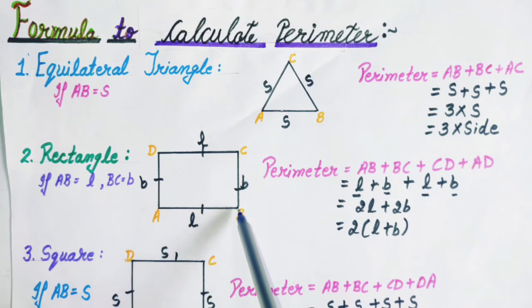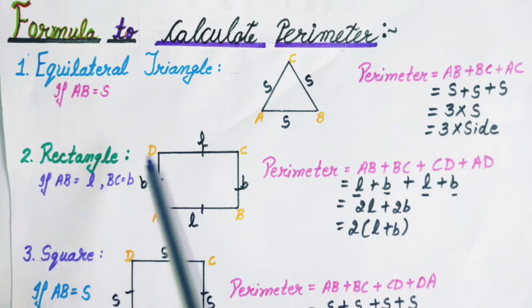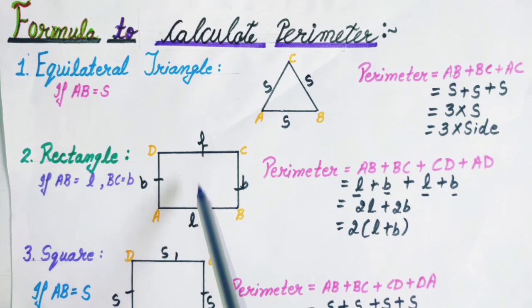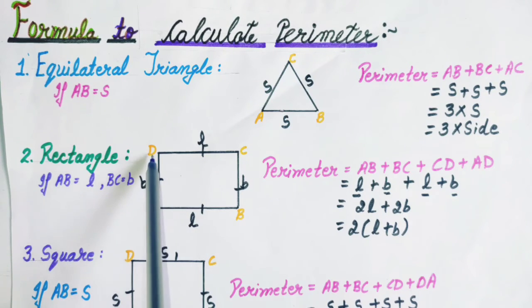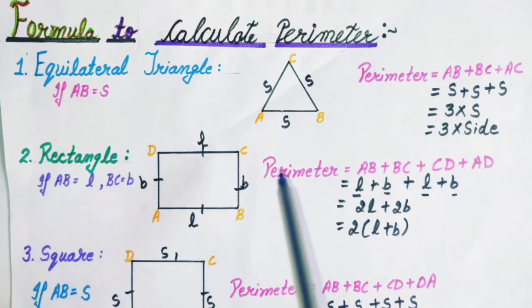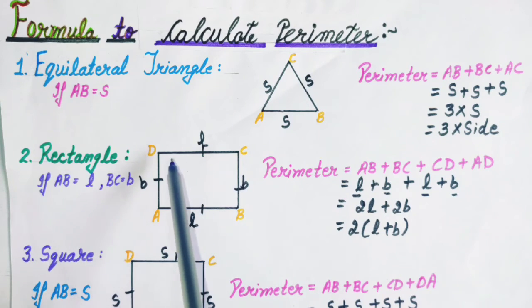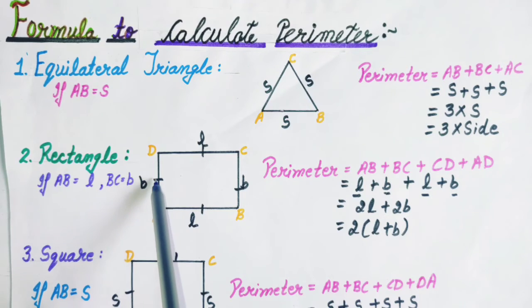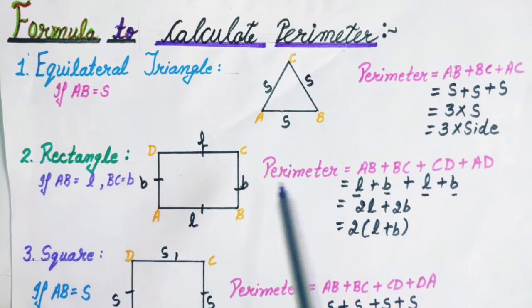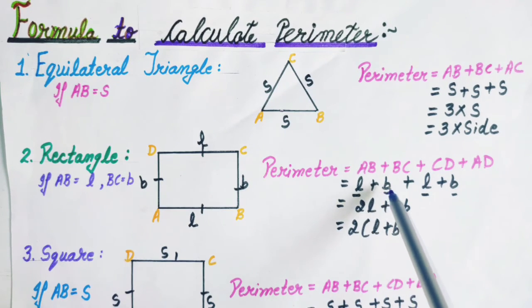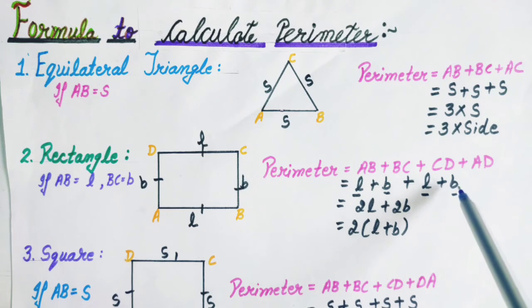Suppose AB I have taken as L. L means length, and I told you 2 minutes ago that the rectangle property is that all opposite sides are equal. If AB is L, so CD will also be L. If I have taken BC as B, then the side opposite to BC, that is AD, will also be B. Now I have put the values L plus B plus L plus B.